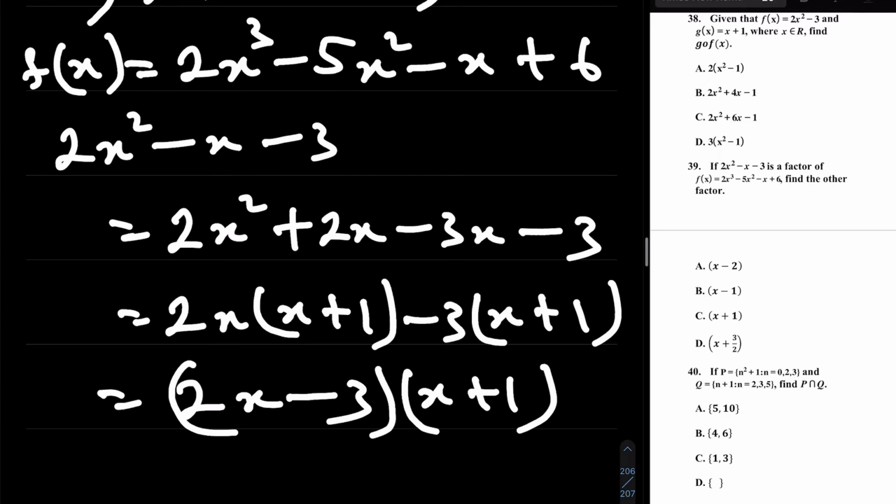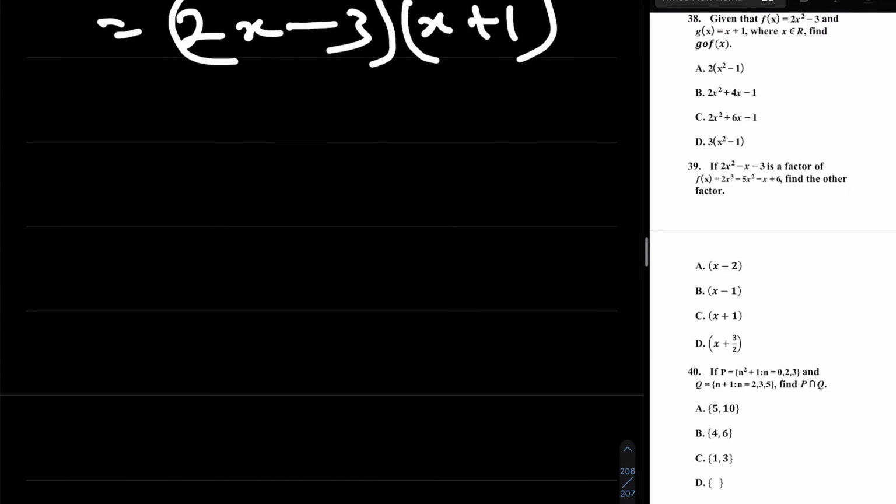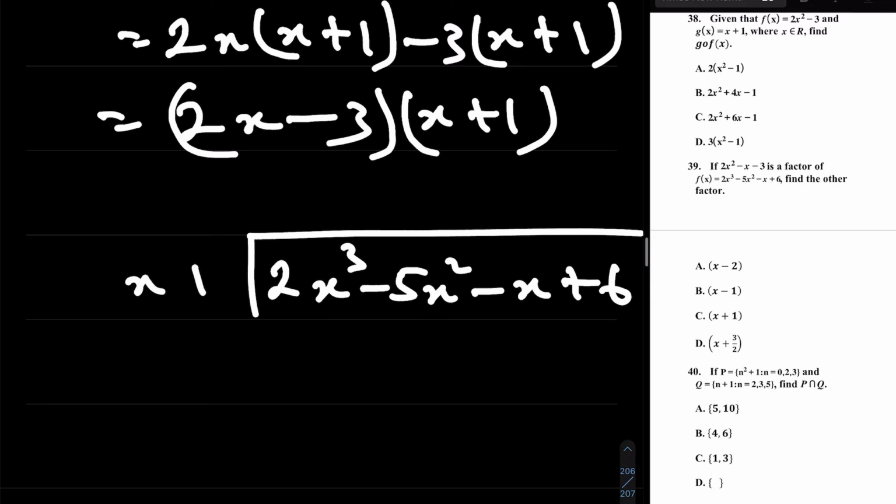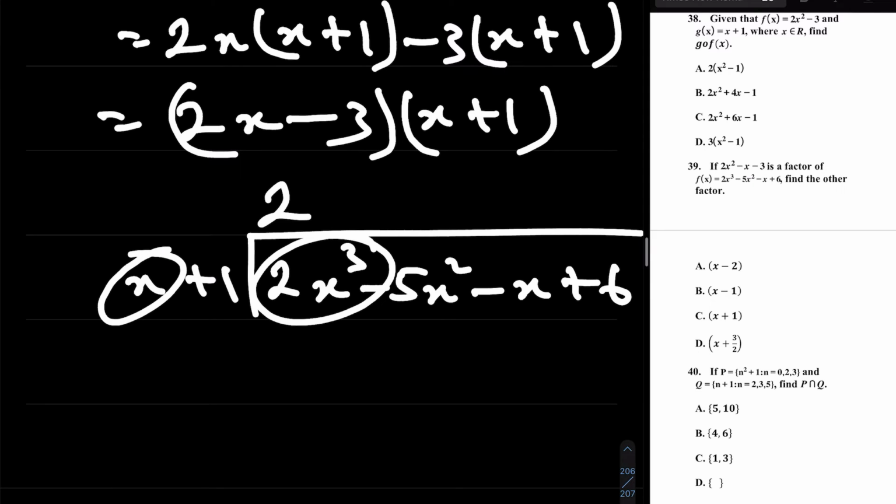So to know the third factor, I'll just divide f of x by any one of these factors. I'm choosing to divide by x plus 1, that looks simpler. So I'm dividing f of x, which is 2x cubed minus 5x squared minus x plus 6 by x plus 1. So 2x cubed divided by x, that's 2x squared.